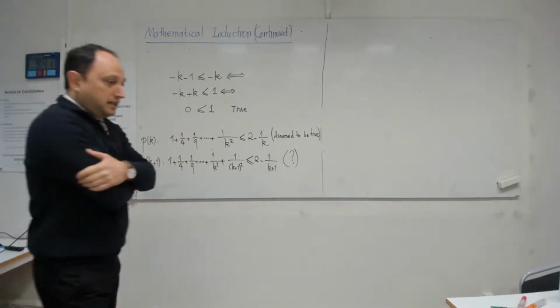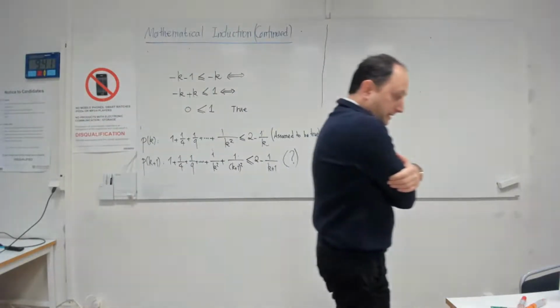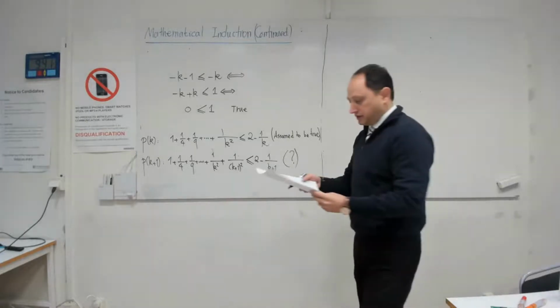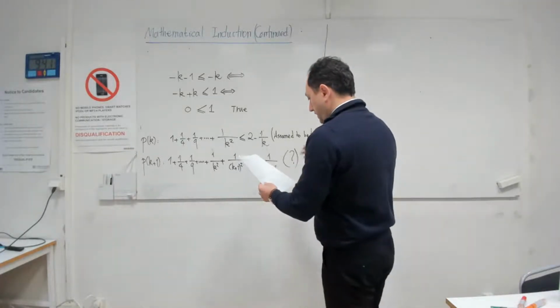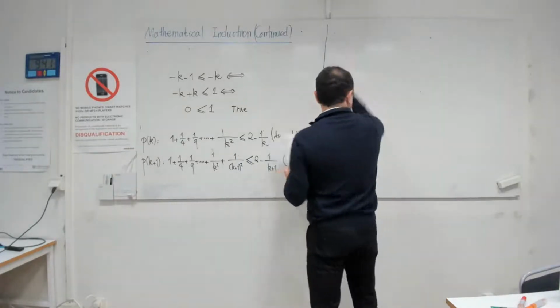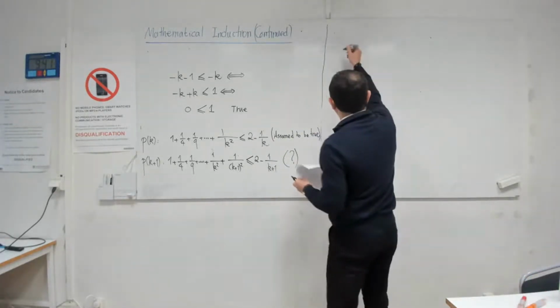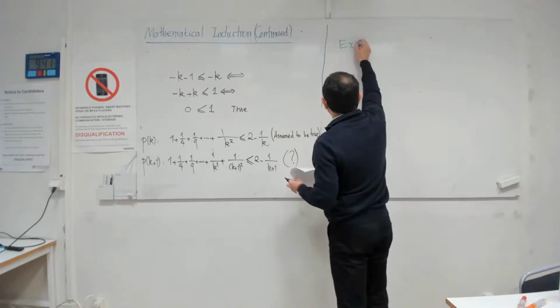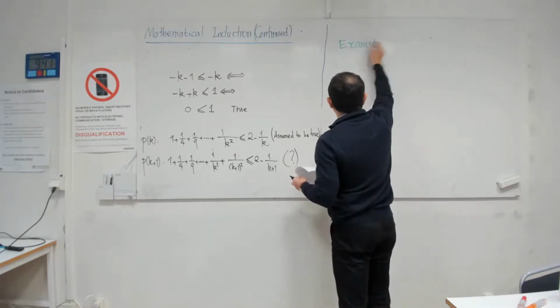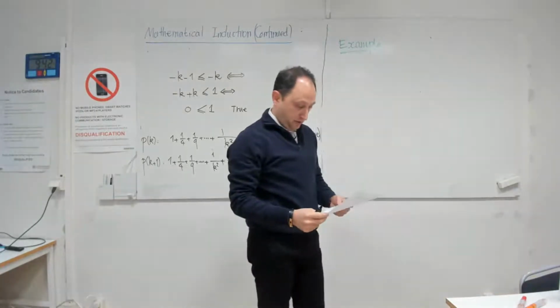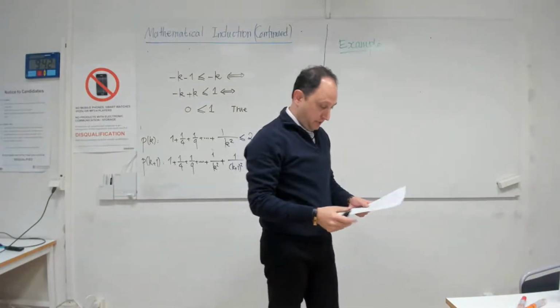Okay, so let us write this expression for you. Show that, a simple one. Example, let me continue this one, sorry, because we have to finish it. Example, let us show this inequality.